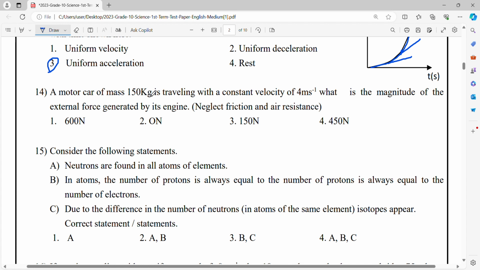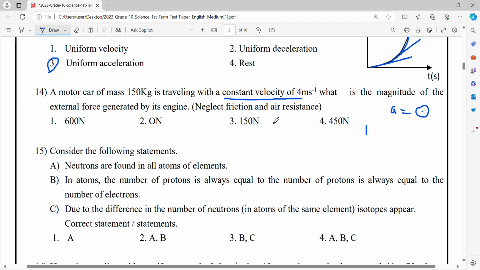Another important point: the motor car is moving at constant velocity. So if it is a constant velocity, what about the acceleration? Acceleration will be 0.